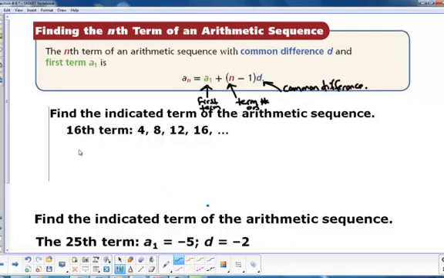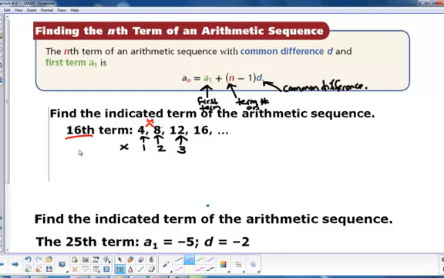Okay, so when we're looking at an arithmetic sequence, this is the first term. Like if you're thinking about your x's, this is the second term. This is the third term. It's not the 0. We don't have the 0. We could find the 0, but we don't need it right now because we're just going to get the 16th term. So first of all, is this arithmetic? It says it is. Let's just make sure.